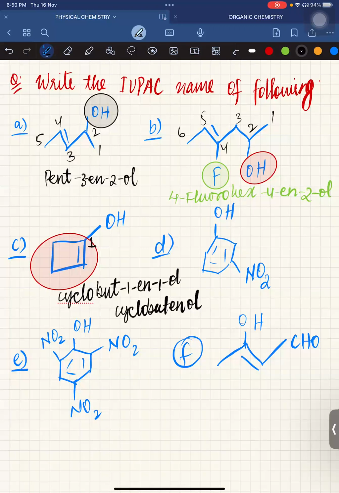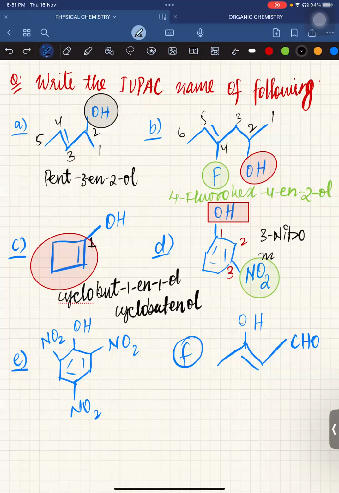Okay. For the second one, if you look at this carefully, this is your alcohol, that is your main branch. So we are going to number it from here, 1, 2, 3. This is your branch. So we can easily name it. You can see, if you name the substituent, that means 3-nitro, or you can use m-nitro as well.